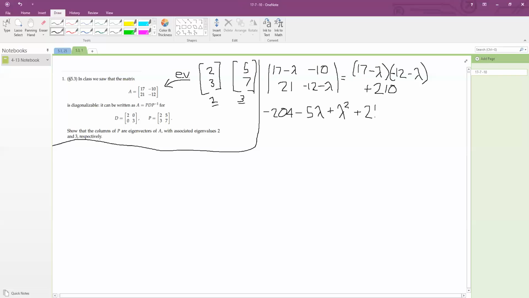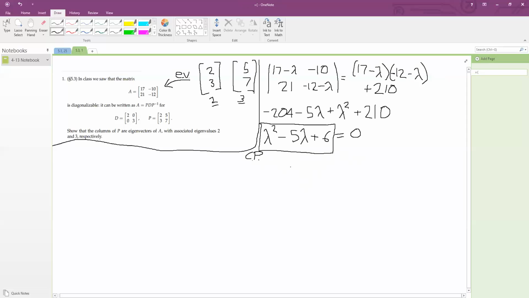And we're also going to have a 210 here. If you put everything together, that's just going to be lambda squared minus 5 lambda, 210 minus 204, that's just going to leave us with 6. And again, remember this whole time we're setting this equal to 0. This is the characteristic polynomial, not required by the problem, but just to note.